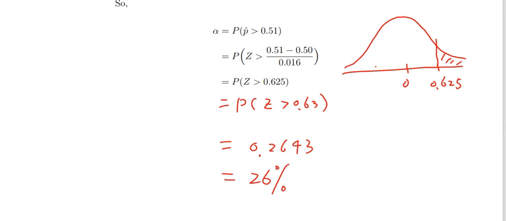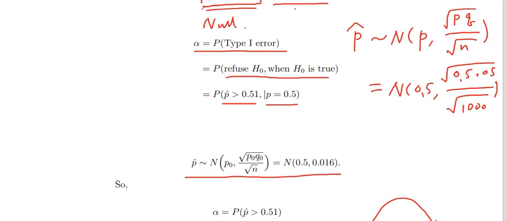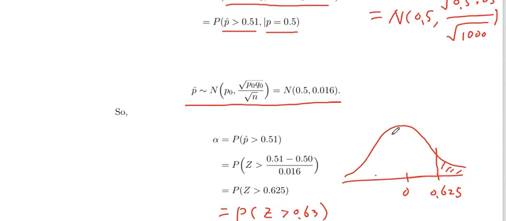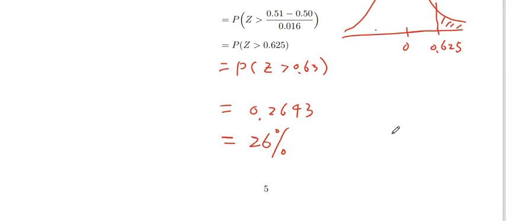So this means if we apply this decision-making rule, the chance to make a type 1 mistake is 26%. So this alpha is 26%. Usually we believe such a percentage is too high.